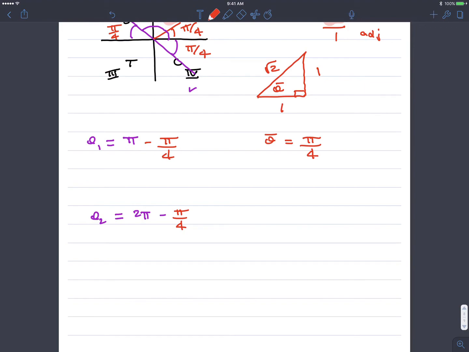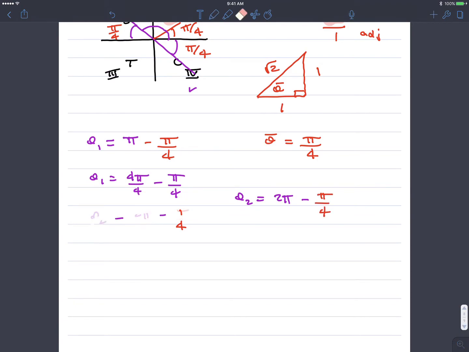Now, you're going to do some algebra. Here's the algebra, right? For pi over 4, we're going to multiply both top and bottom here by 4 minus that pi over 4 reference. And maybe I should have put the second angle over here, and I will. 2 pi minus the pi over 4 reference.